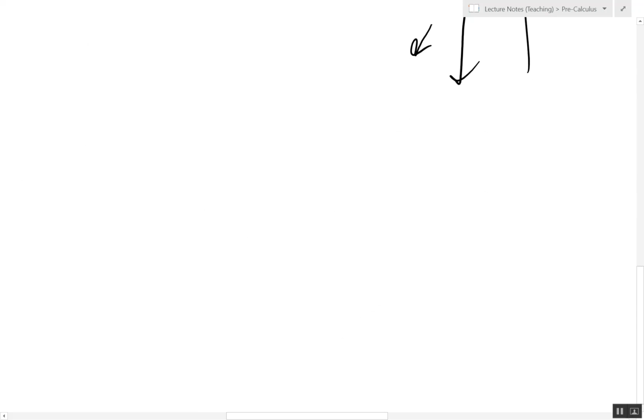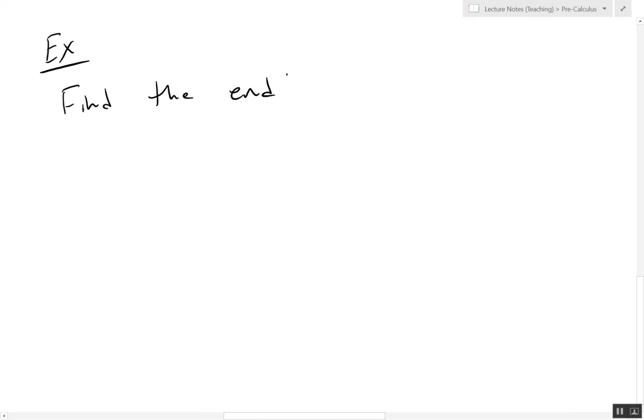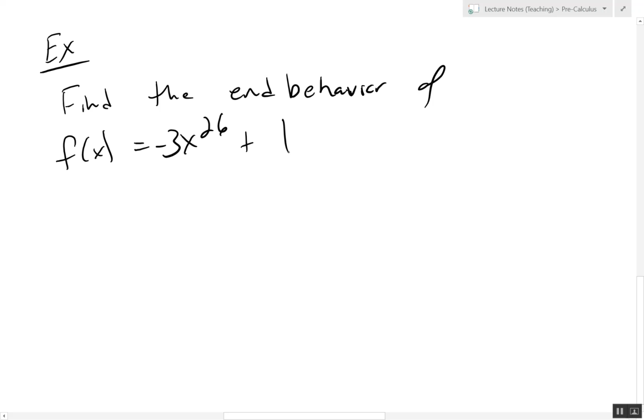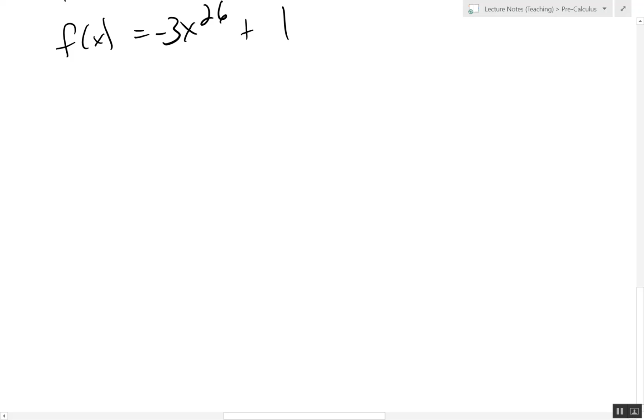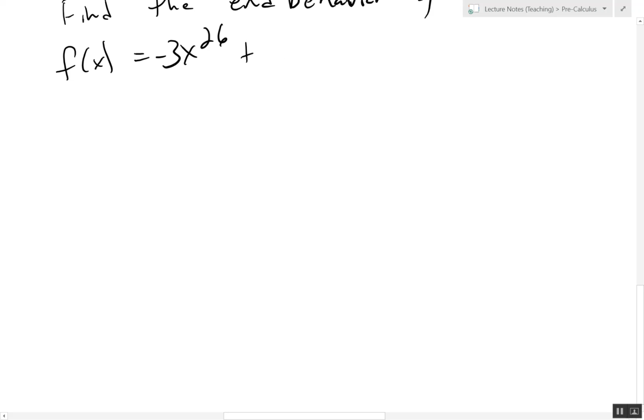So if I give you an example, find the end behavior of f of x equals negative 3x to the 26th plus 1, plus x to the 10th minus x to the 7th plus 3x plus 4.